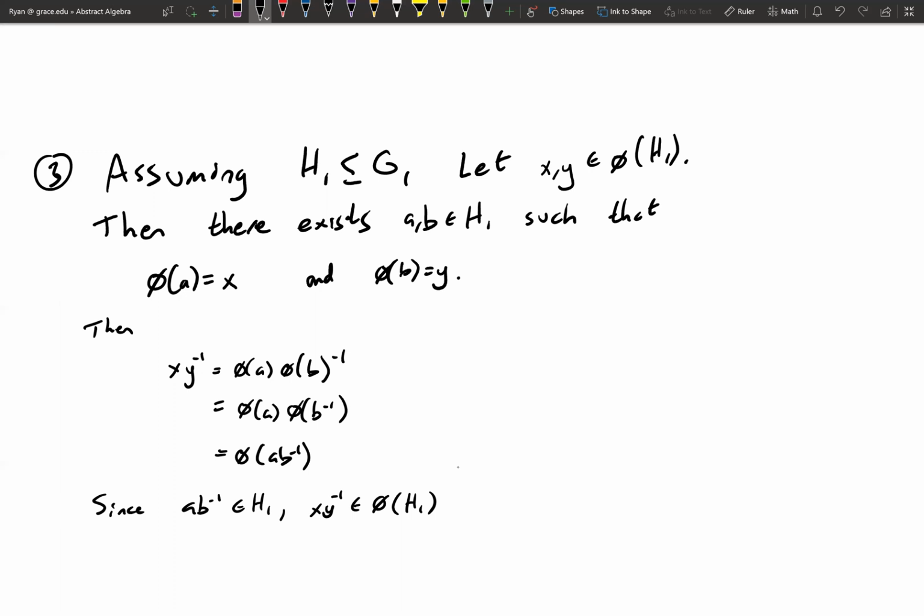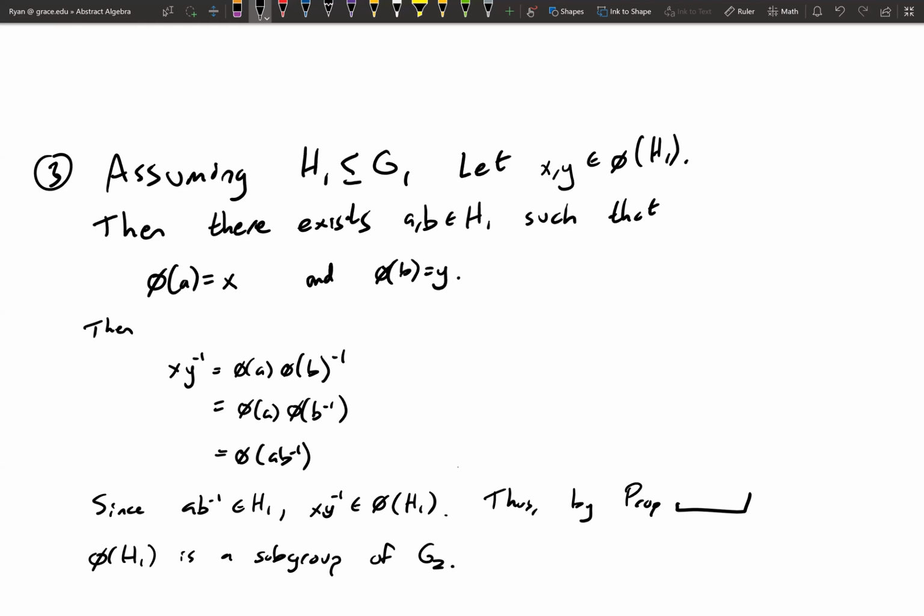I showed it was a subgroup. By proposition, I can't remember the name, phi of H1 is a subgroup of G2.